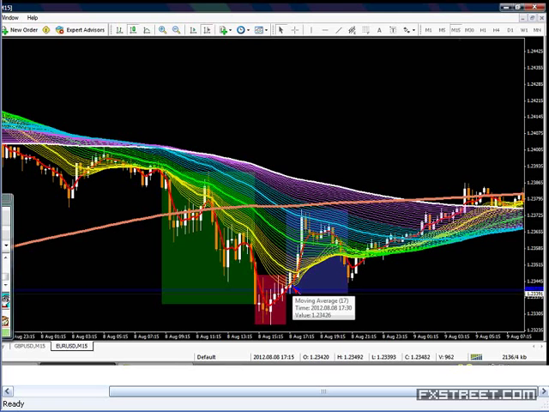But the trend itself will not tell you. For instance, when you're trading with the trend right here, the rainbow is wide open, volatility is very good, everything is going along just fine when price enters the red zone. Okay?